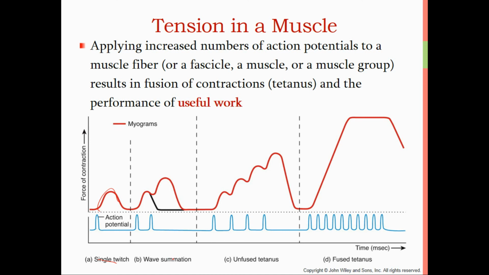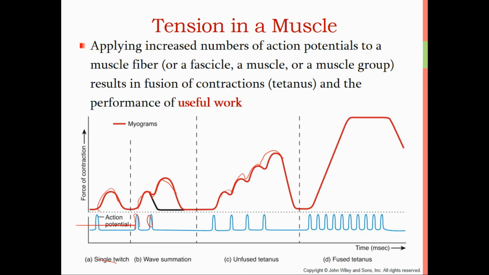A wave summation is when there is an action potential that causes a contraction, and before the muscle can recover, there's a second action potential, and boom, you get a more forceful muscle contraction because it builds upon that first muscle contraction. An unfused tetanus is a series of action potentials where you just have a number of wave summations causing a much more increased force of muscle contraction based on a number of stimuli or action potentials.